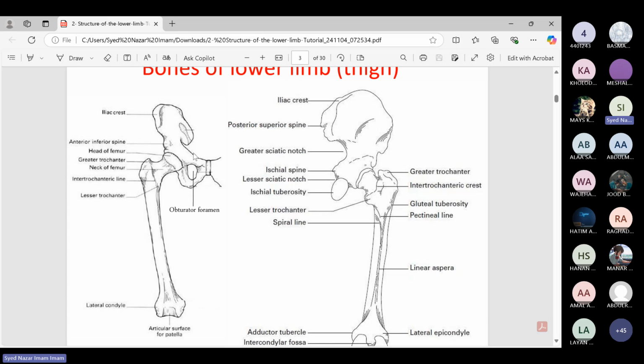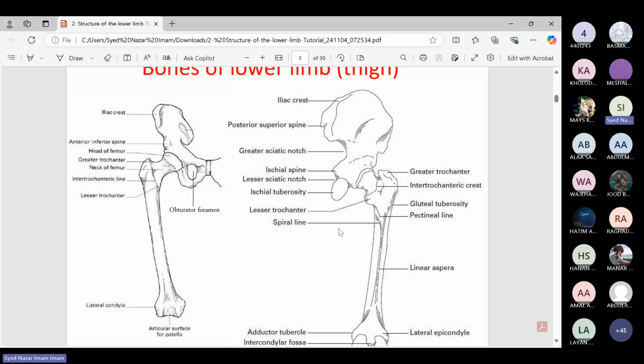The origin is from the medial part of this bone. The medial muscles of the thigh will take origin from the medial part of the hip bone, and that is the pubis. We just want you to say the pubis, that is, the pubis with the superior and inferior ramus. This is for the medial muscles. So you can say the pubis because it is the medial part.